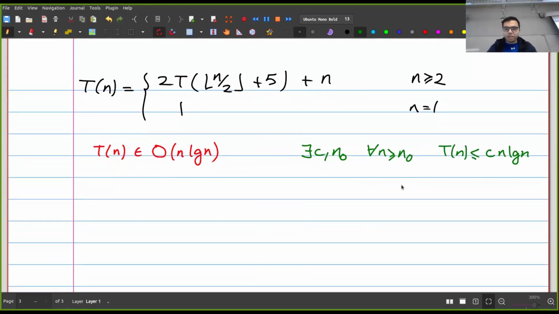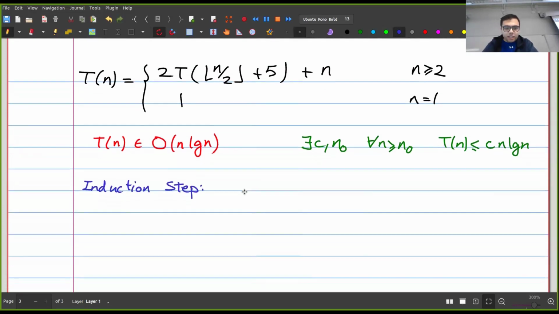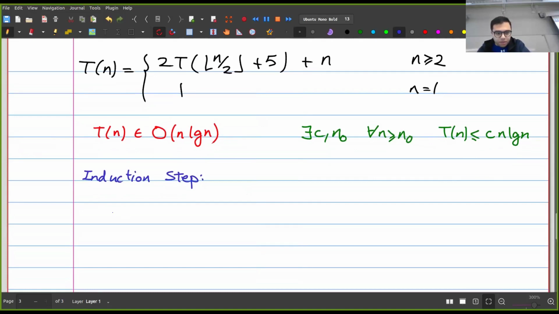Let's do our inductive step. I'm just going to write it. I'm going to say T of n is less than or equal to, let me just put this immediately in there. So it's 2 times C times this whole thing.